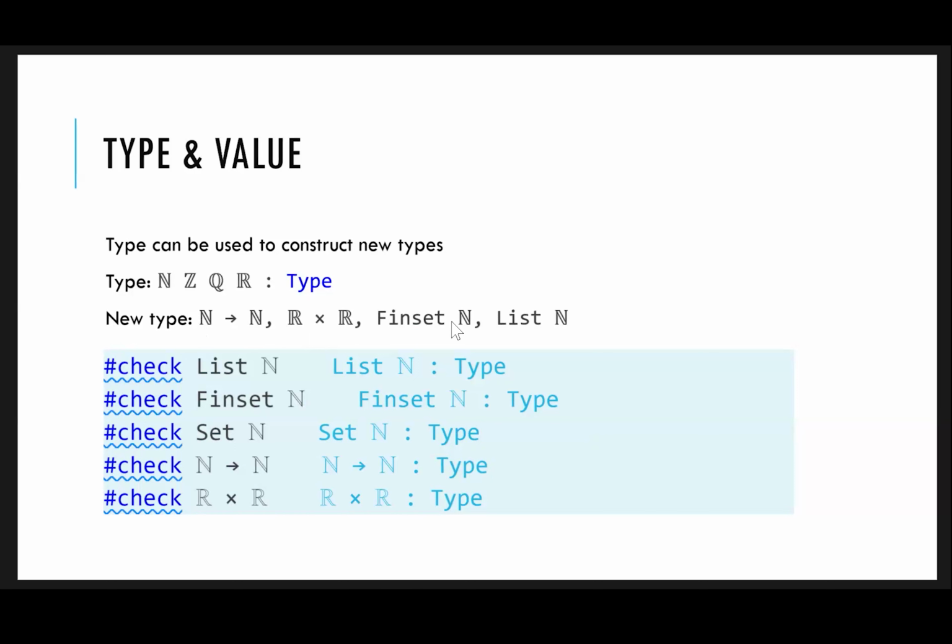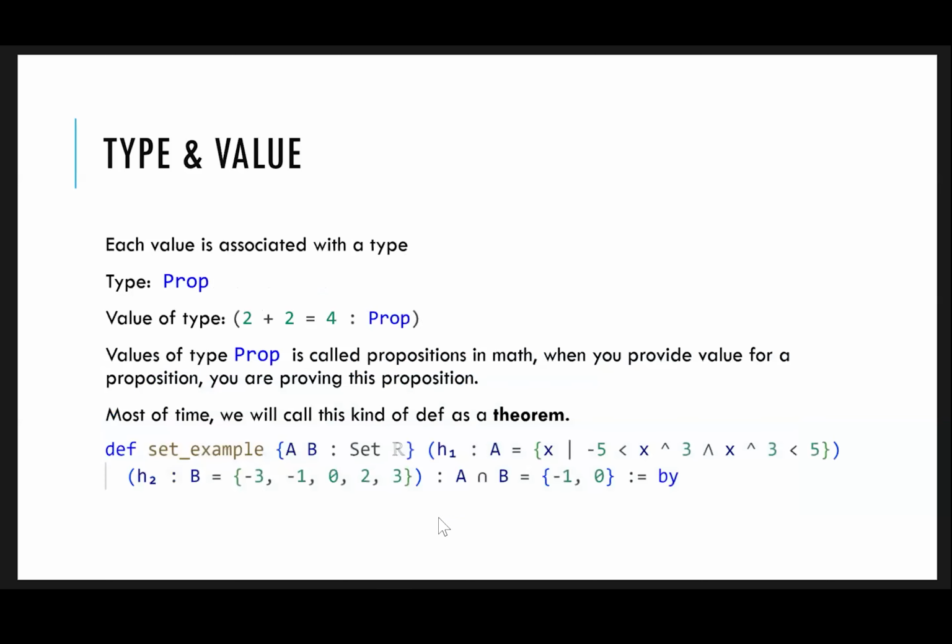And you will have a finite set of natural numbers, which means a finite set whose elements are all natural numbers. So this is how you use old types to define new types. We can check all these types and we'll find they are all new types that we have defined.